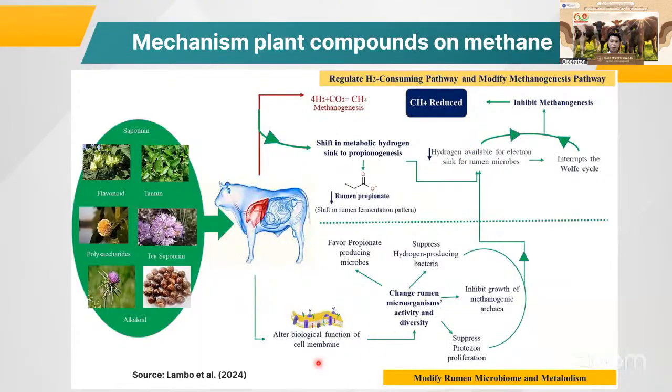There are several mechanisms, like plants affecting the cell membrane of methanogens or suppressing protozoa that live together with the methanogenic bacteria. In addition, plant phytonutrient compounds may support or suppress hydrogen-producing bacteria, so more propionate can be produced. This can reduce methane emission.